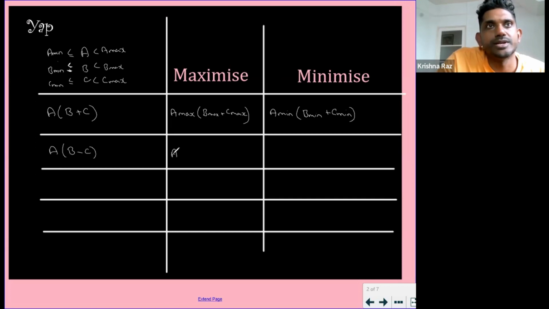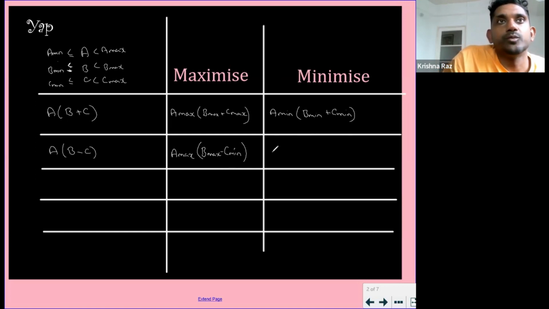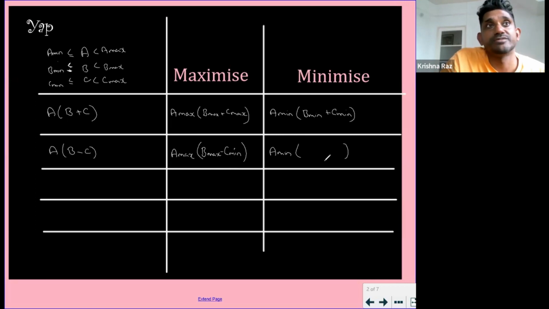And to maximize, we'll still need A max, but this time to get the biggest possible value in the bracket, we need the biggest B minus the smallest C. Likewise, if we're to minimize that amount, we'll need the smallest A, so A min, multiplied by the smallest value, which will be the smallest B, take away the biggest C. And this is the concept that we're going to lead into with numbers shortly.